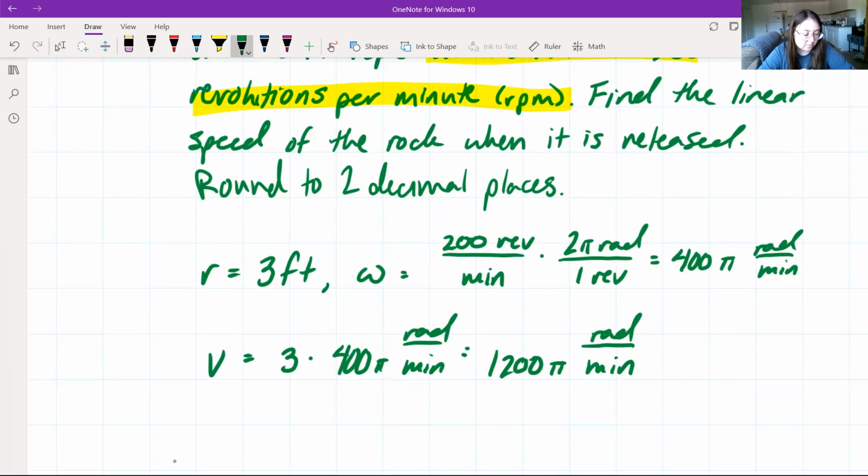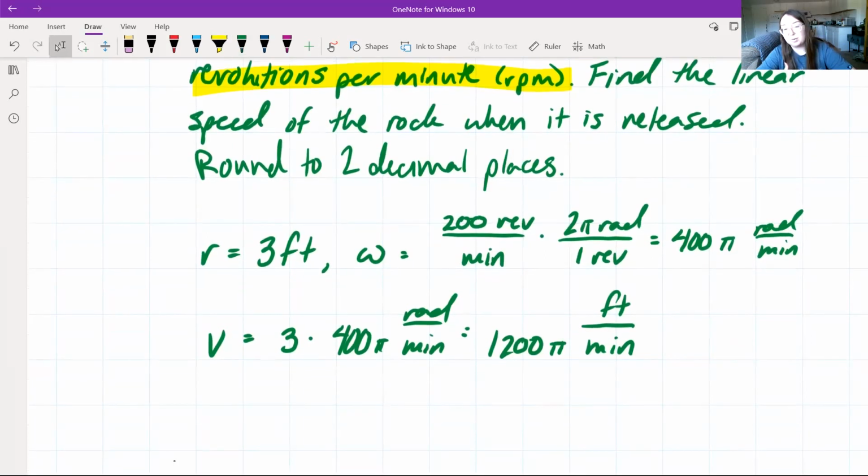And since we just multiplied our radians times our radius, so we had our theta times radius, this is actually going to turn into feet per minute now. Our radians get overtaken by whatever unit we had for our radius. So this is now 1200 pi feet per minute.